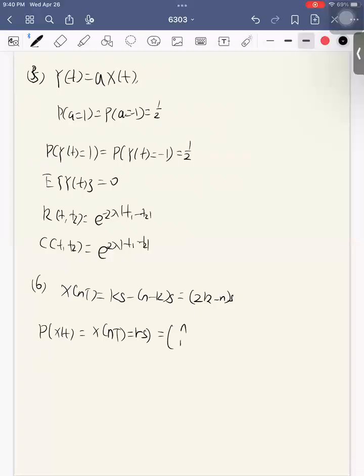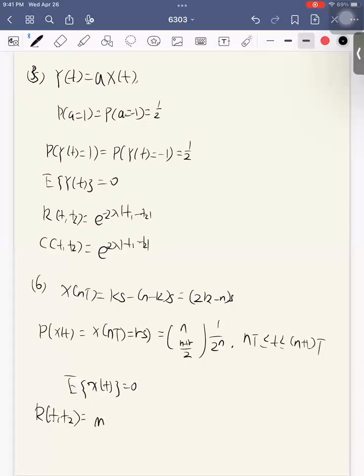When we expand this equation a little, it looks like this when t belongs to this range, and the mean is equal to 0. The autocorrelation R(t1, t2) in this case is equal to the minimum of t1 and t2 times s squared, and the autocovariance C(t1, t2) is also equal to this part.